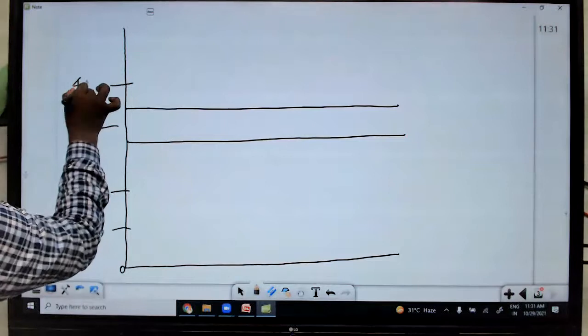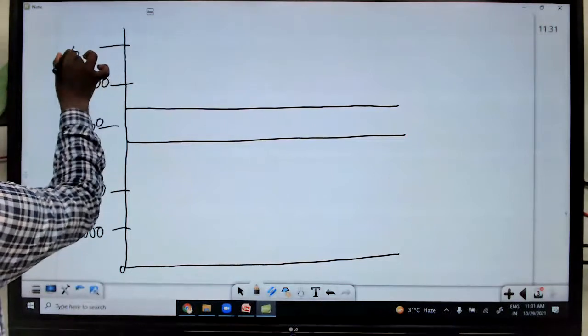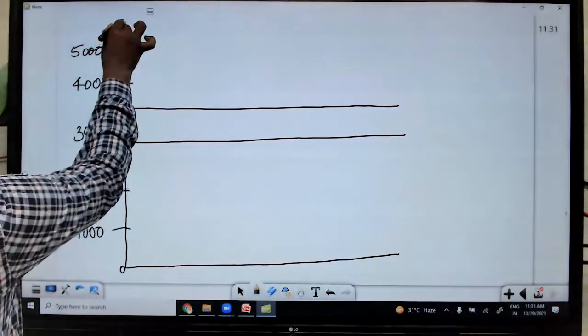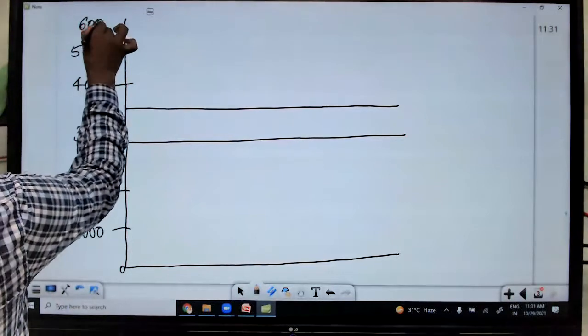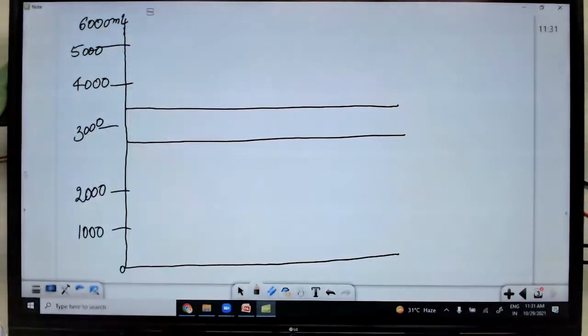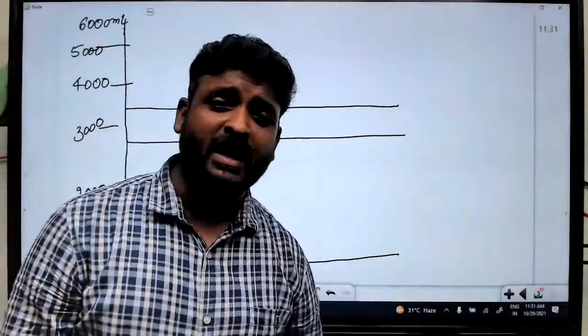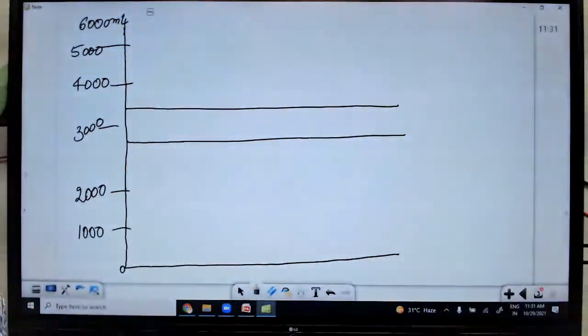Next one, 4000 ml. And next one, 5000 ml. And finally, 6000 ml. This is the total lung capacity.